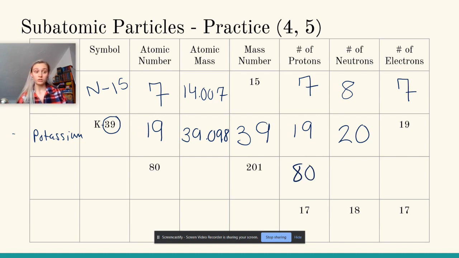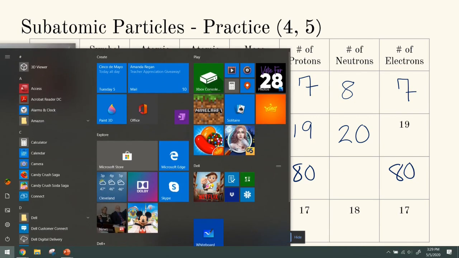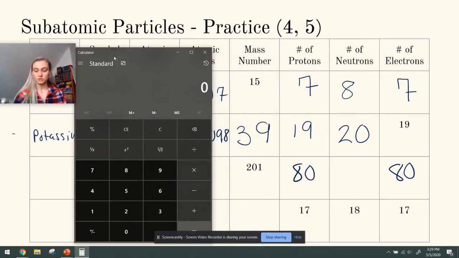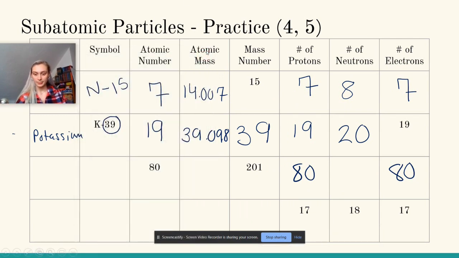I also know that this is a neutral atom, so the number of protons is equal to the number of electrons, so this should also be 80. And I can also get the number of neutrons because it's the mass number minus the number of protons. So let me get a calculator super quick. What is it? 201 minus 80. And we get 121.